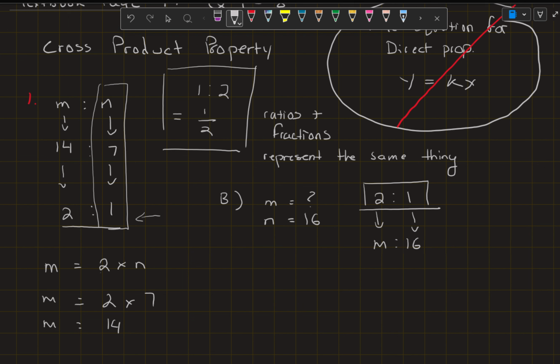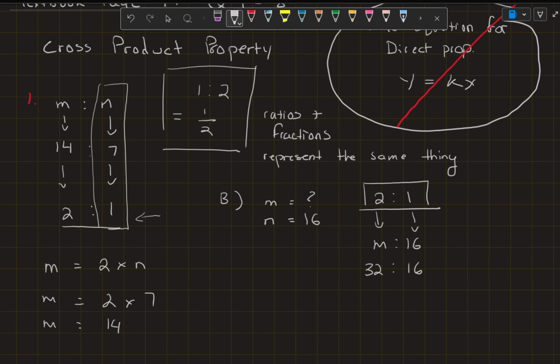In our head, we already know that n times 2 will give us m. So we have to just multiply 16 by 2, right? And we'll get 32. So we could do that. But when talking about cross-product property, which is something that you're going to want to use when your numbers get a little bit more complicated, or when a question specifically asks you to use that method, you are going to do the following.